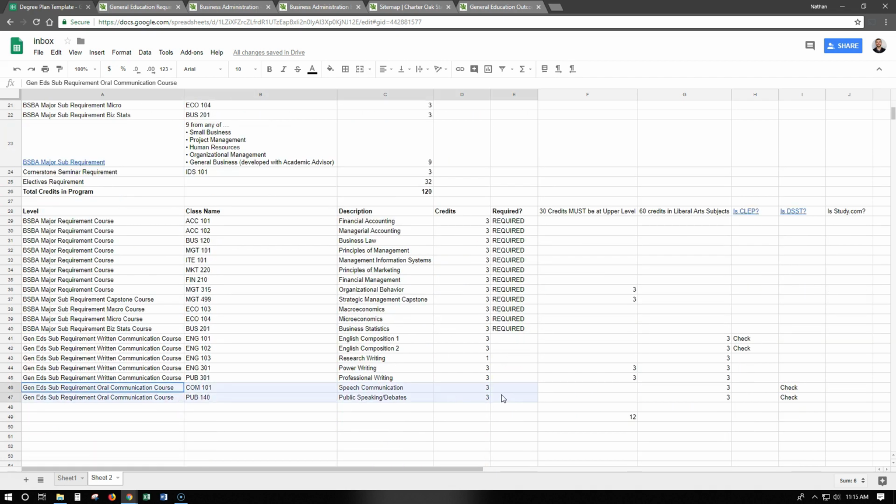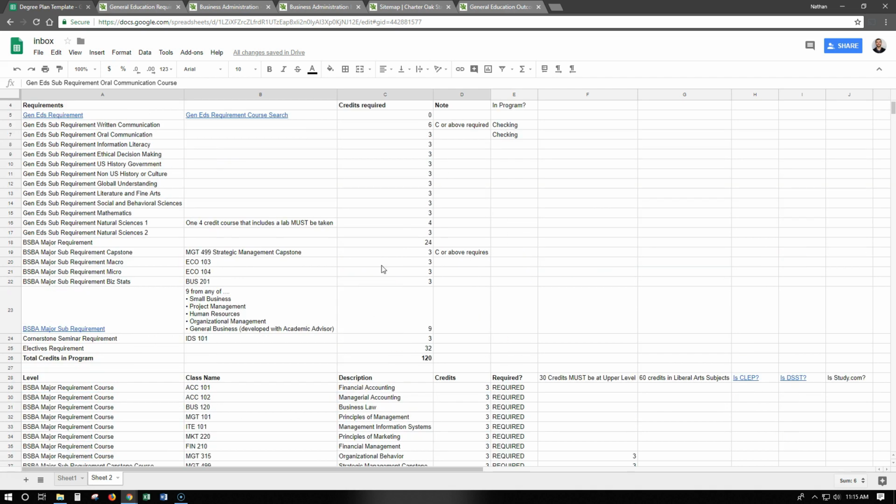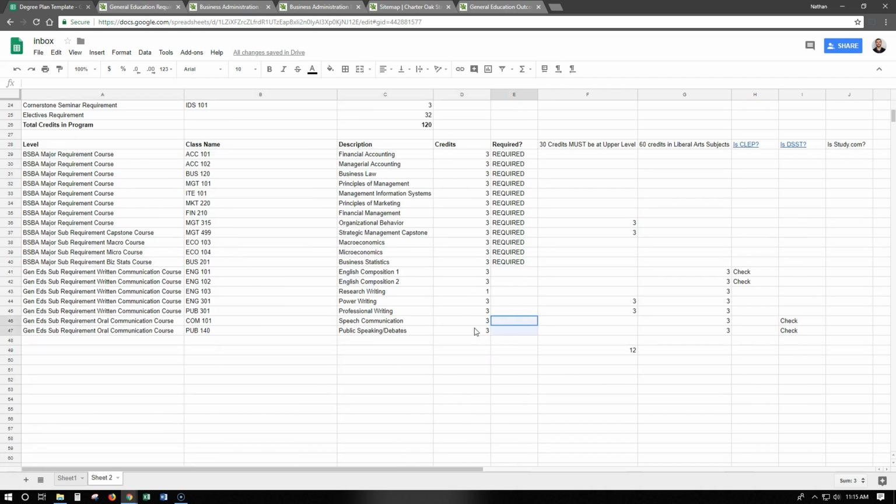So I pulled in 2 of their courses that they allow from their catalog, and I can choose which one of these to take. I can only choose one to meet this requirement. And so these are not required in the sense that each of these individual courses are required.